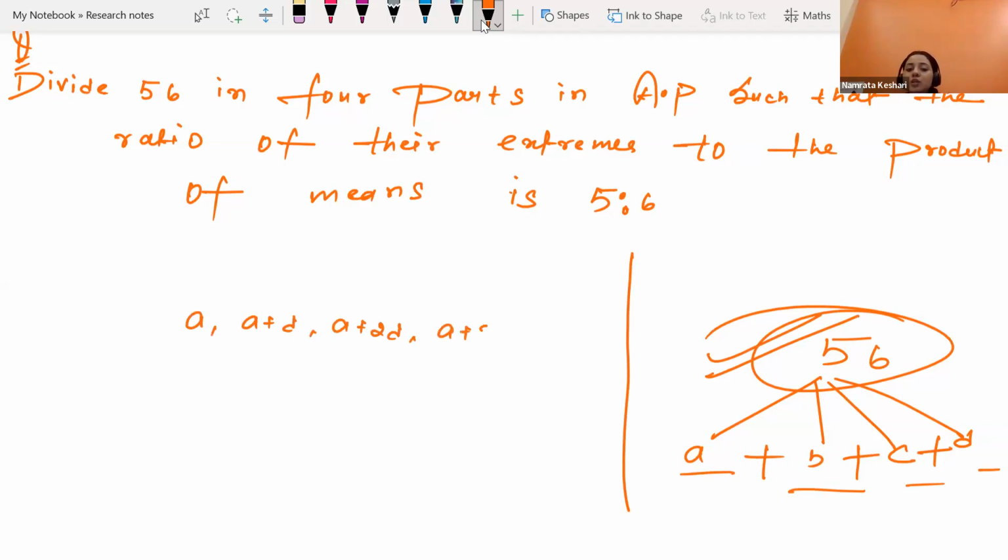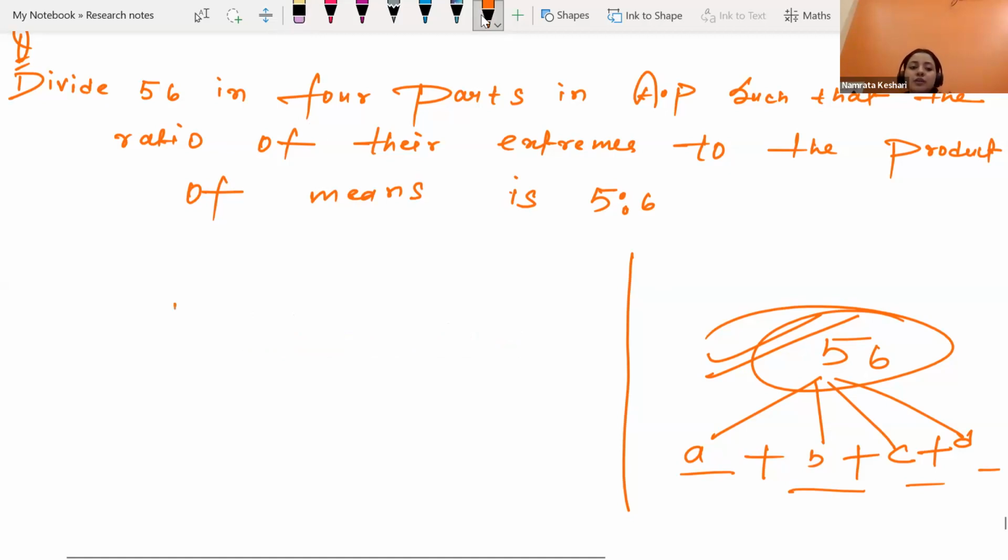Whenever the question talks about 4 consecutive terms, or 3, 5 or 6 consecutive terms, we will not take this AP. We will take a special AP, as we discussed in the previous class.